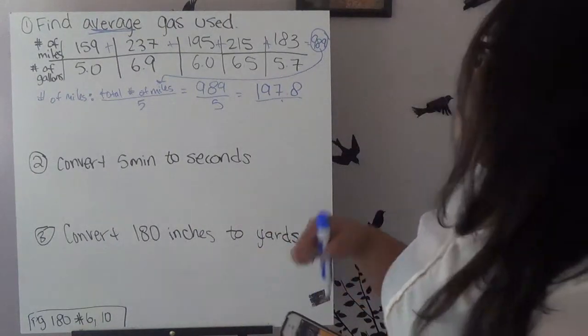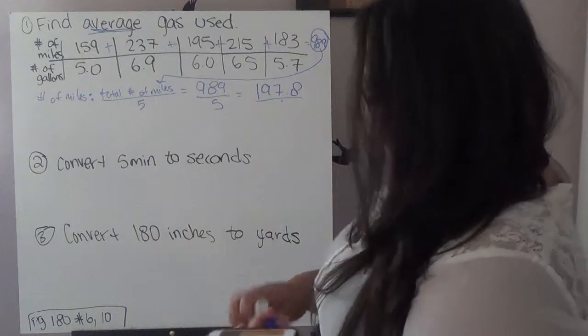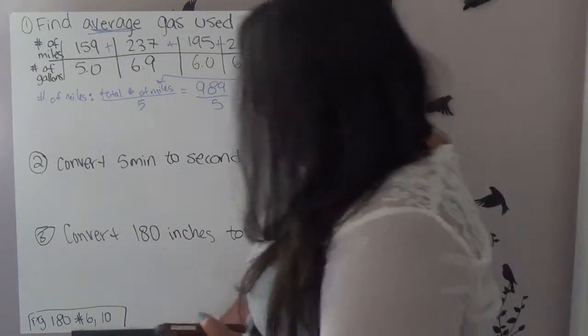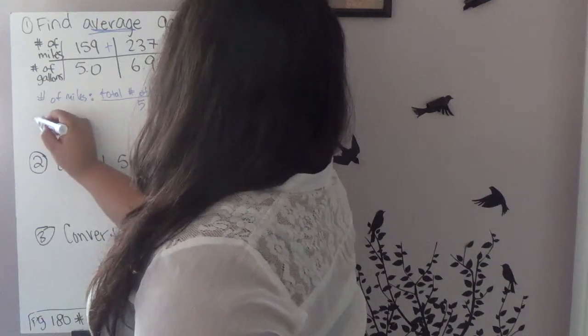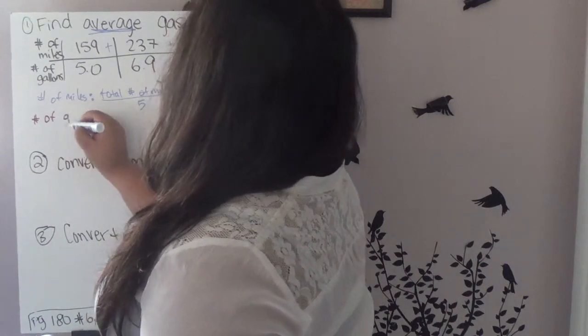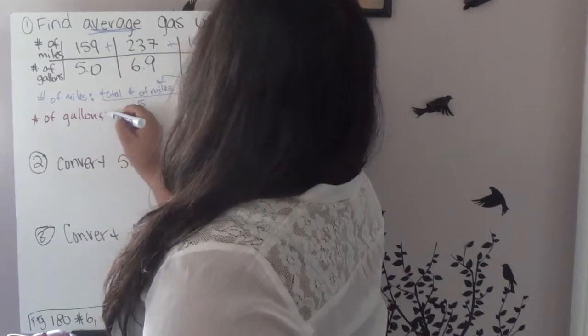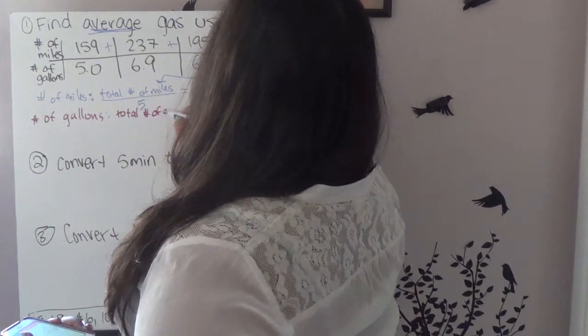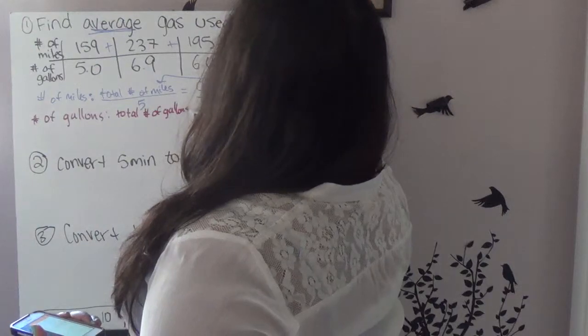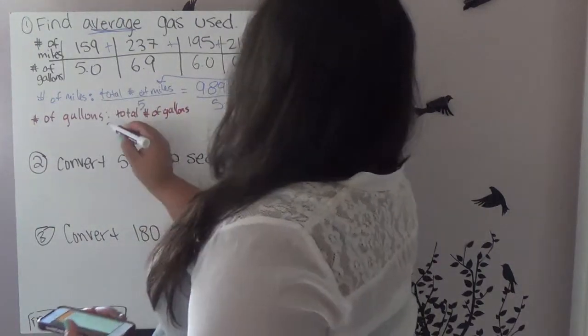Now, I have to do the same thing to find the average number of gallons of gas. Same thing, total number of gallons, and there's 1, 2, 3, 4, 5.